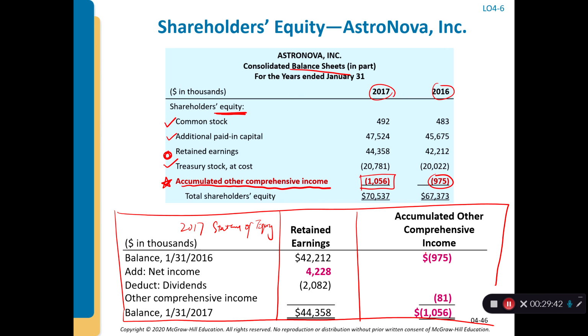The beginning balance is 2,975 for 2016, and hence the ending balance for 2017 is going to be 1,056, because during this whole year the OCI, the change in OCI, equals negative 81. So exactly the same way as retained earnings, accumulated other comprehensive income also lives on the balance sheet.